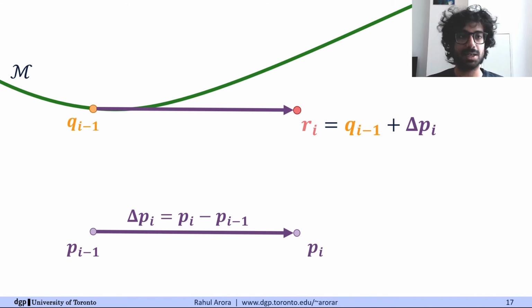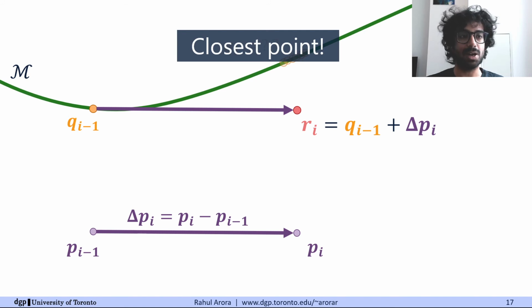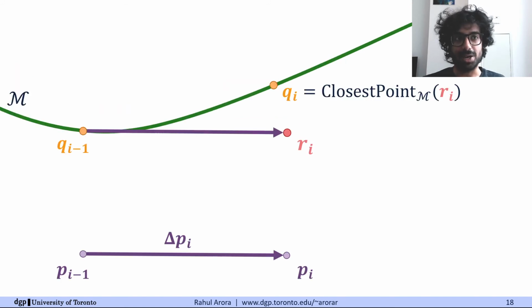The reason is that it is the difference between the consecutive controller position samples returned by the tracking system, which works at over 50 Hz in modern VR hardware. This in turn means that Ri is very close to the surface M. So here we can simply find the point on M that is closest to Ri, and that defines Qi.